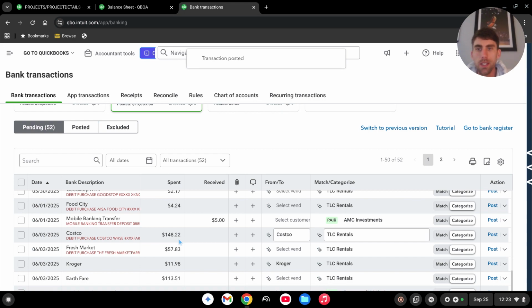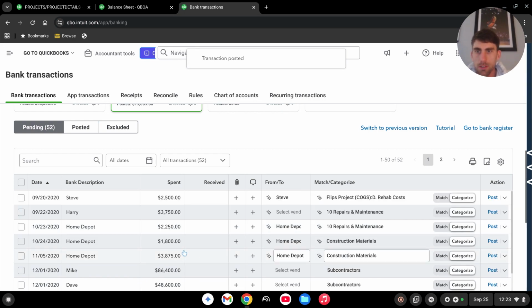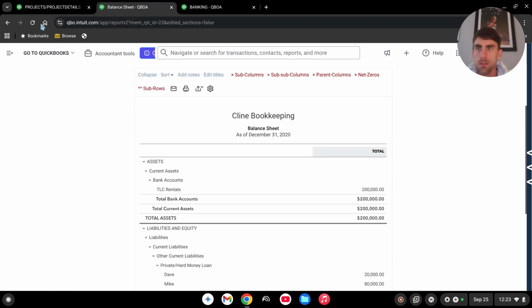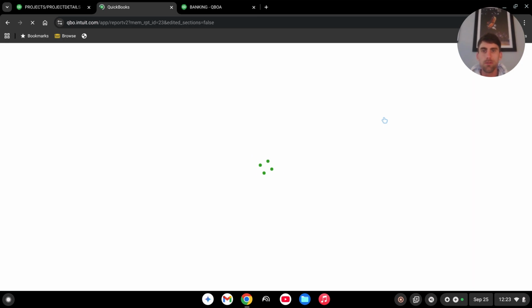So now we're at the end of our project here. So let's just quickly look at what we're seeing for the balance sheet and the profit and loss, just to get an idea of where you would be at the end of a project.